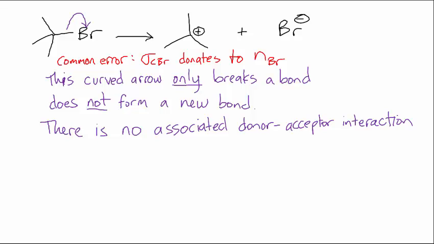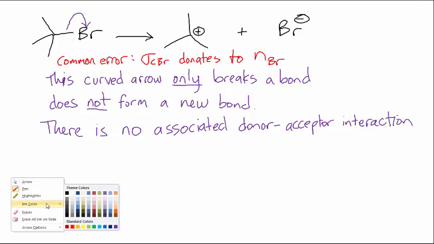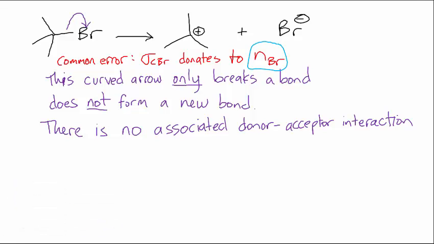What's your first clue that that's an incorrect explanation of what's going on? To be an acceptor orbital, what kind of orbital do you need to be? Empty. Is a bromine lone pair empty? No. So the first tip-off that this is a mistake is that this is not an empty orbital.